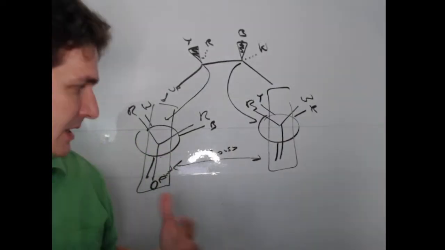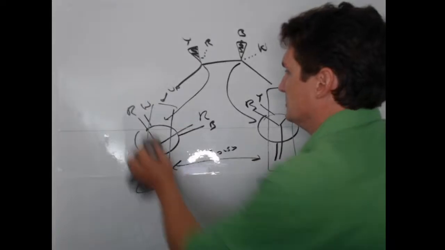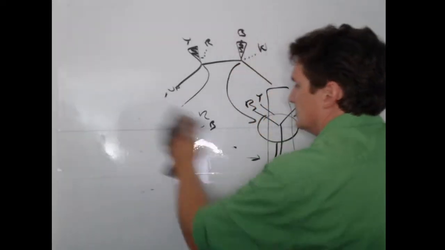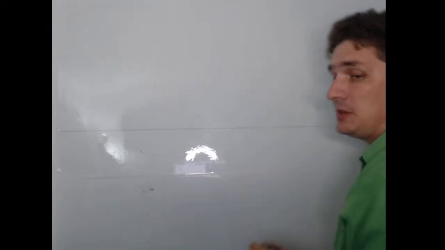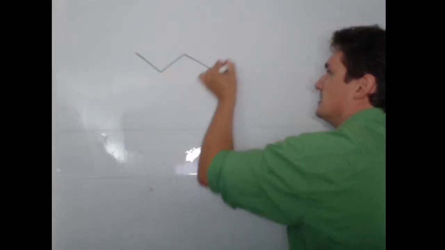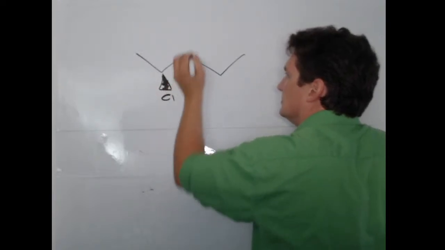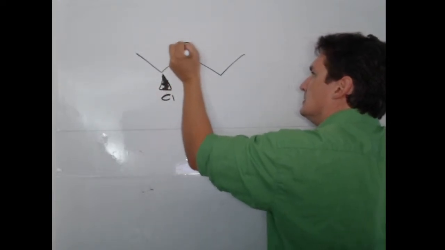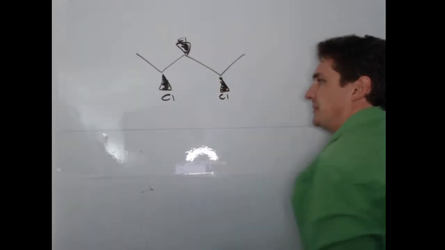So the issue we have, I shouldn't say an issue. When we draw the lowest energy conformation, the conformation being when we just rotate around single bonds, let's say I draw this.